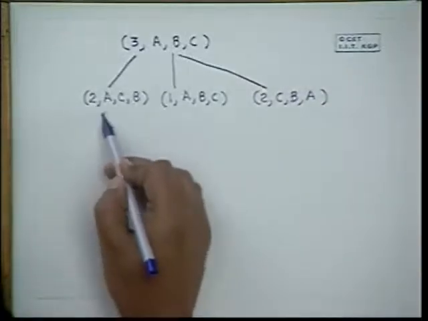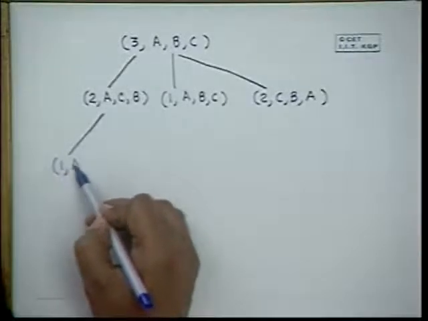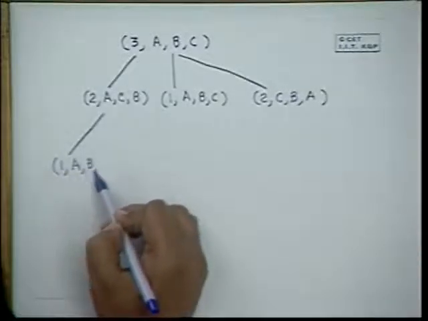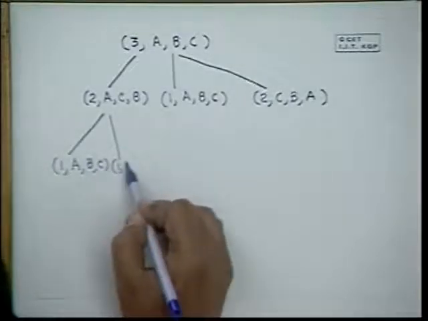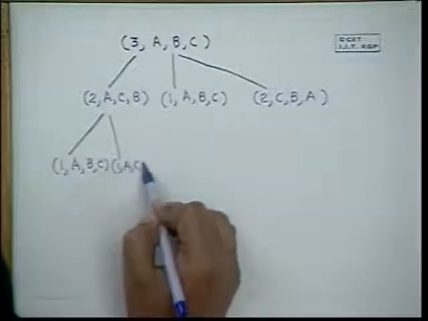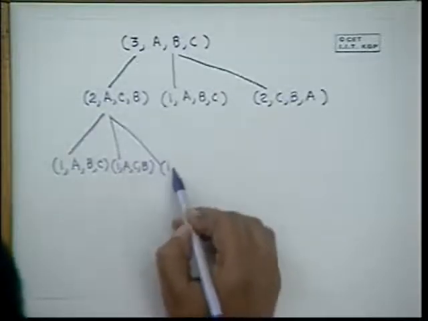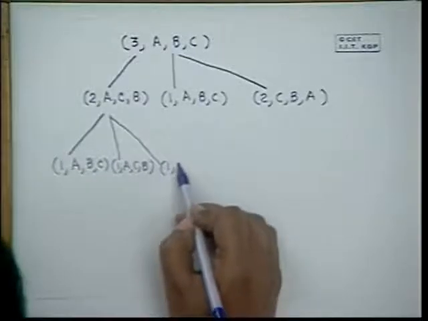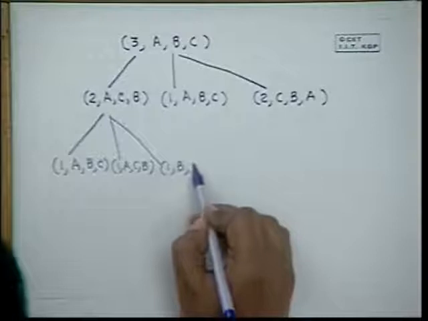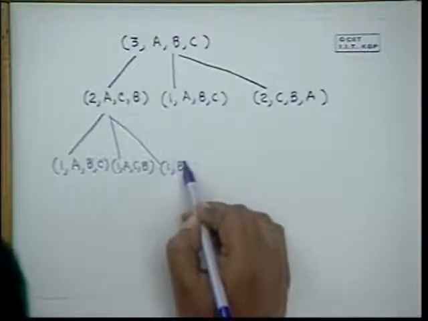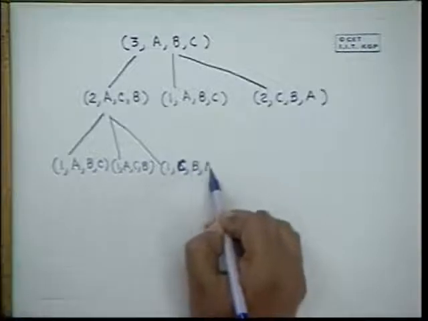Now to solve this one, I'll have to solve 1A, B, C, 1A, C, B, and 1B, C, sorry, this is C, B, A, right?